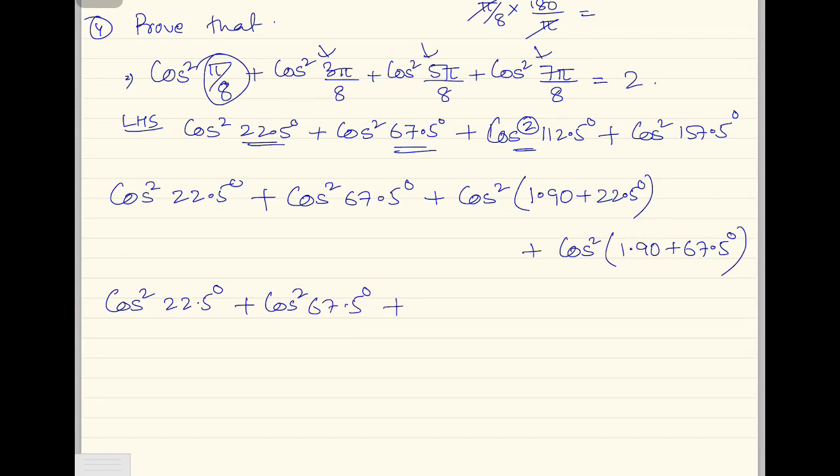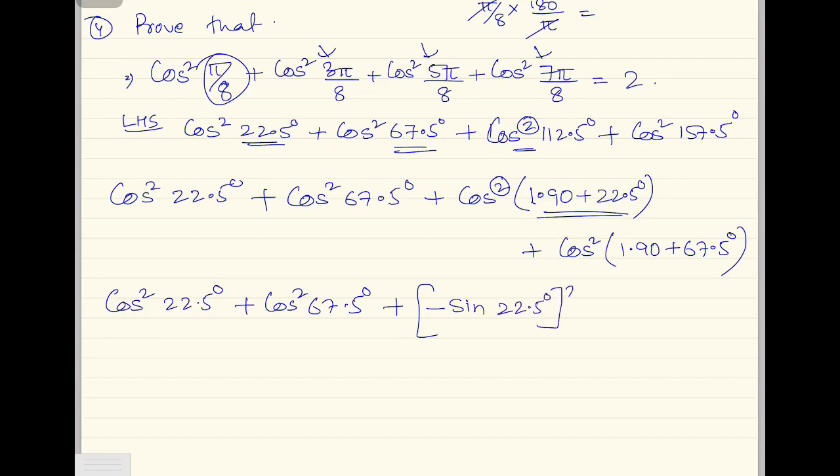And then here, because this is in the second quadrant, check this out. 90 plus 22.5 degrees is in the second quadrant. In the second quadrant, cos is, what is the sign? Cos is negative. But because there is a square, even the negative becomes positive. How? I'll show you. It is negative actually, and then there is a 1 here, it will change to sine and then 22.5 degree.